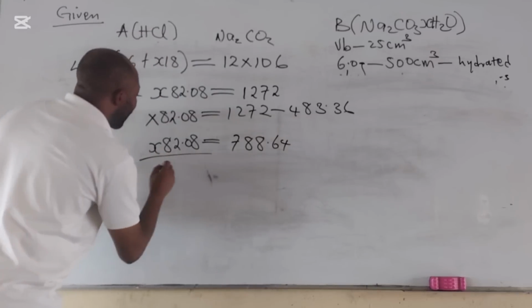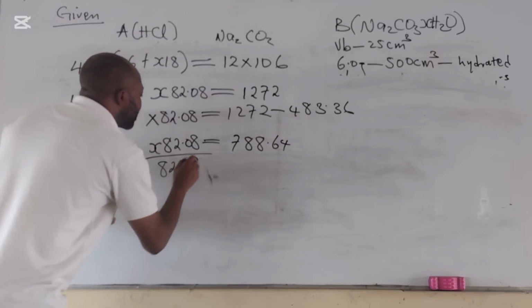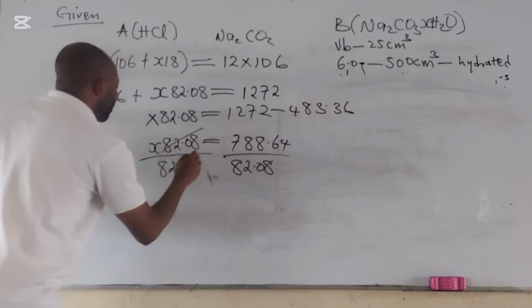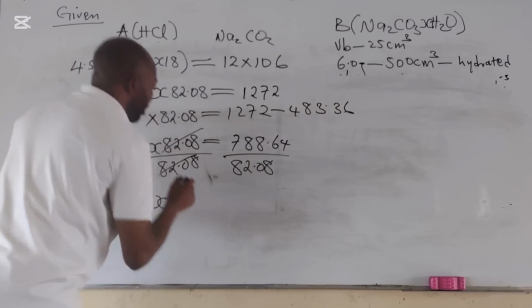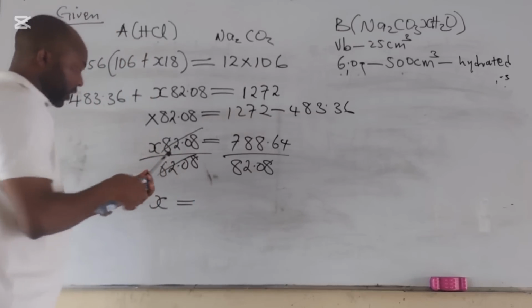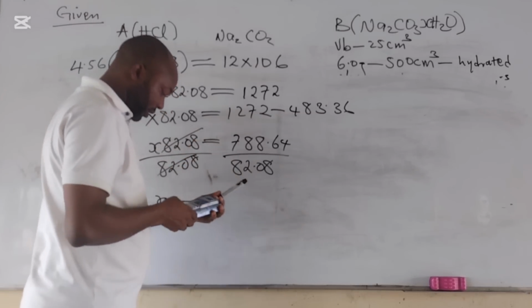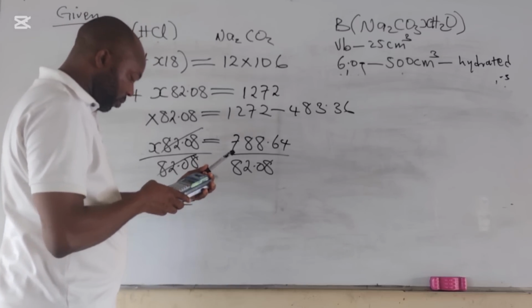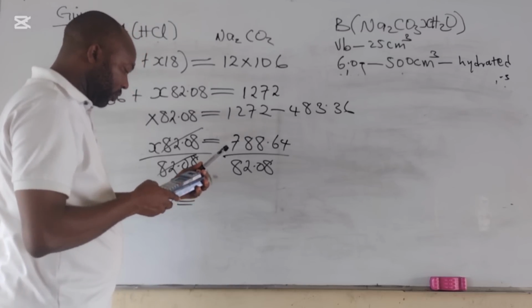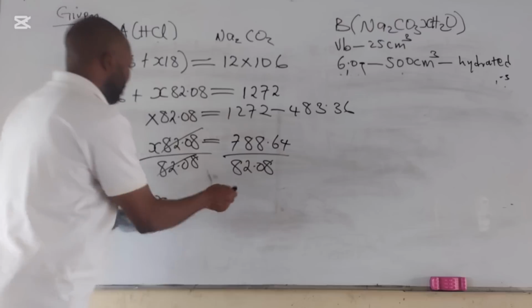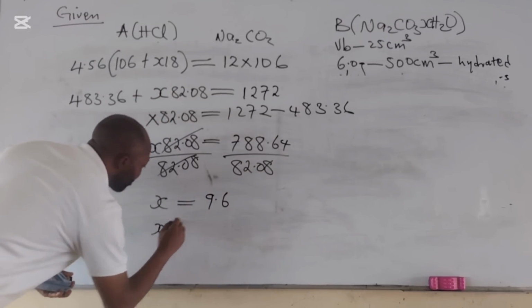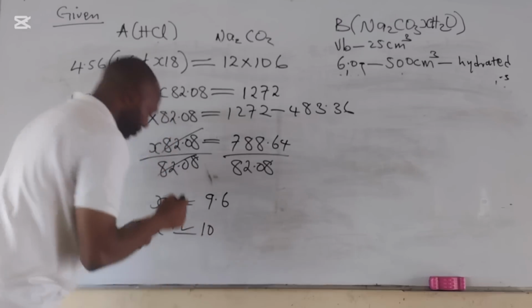So when I divide by 82.08, this will go and my x becomes this divided by this, divided by 82.08, which will become 9.6. So x is approximately 10.